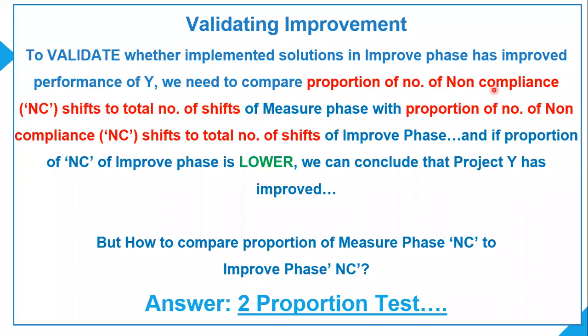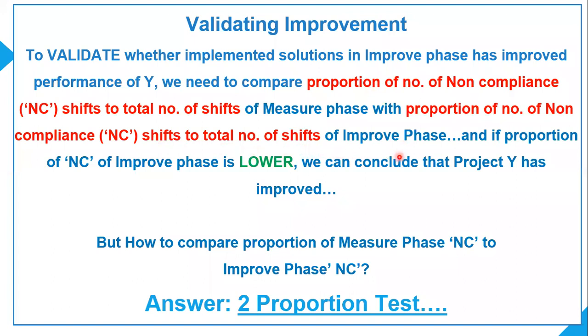So at numerator, we have number of non-compliance or NC shifts, and at denominator, we have the total number of shifts in this ratio or proportion, and this is for measure phase. So we're going to compare this proportion with the same proportion, that is number of non-compliance NC shifts to total number of shifts, but from improve phase.